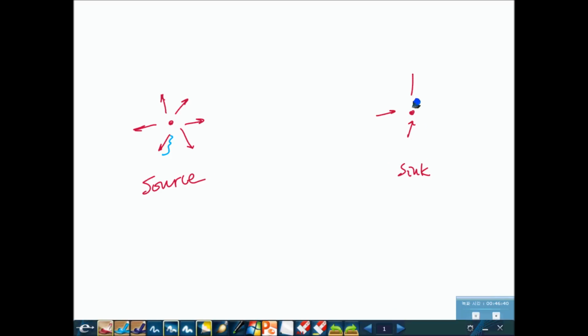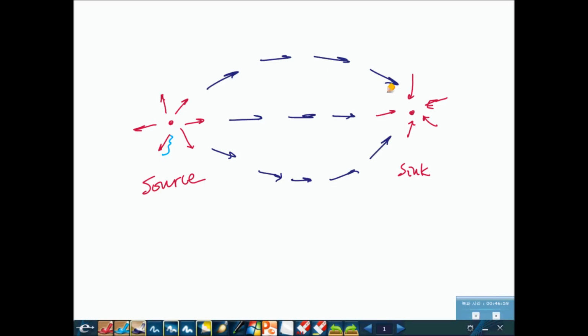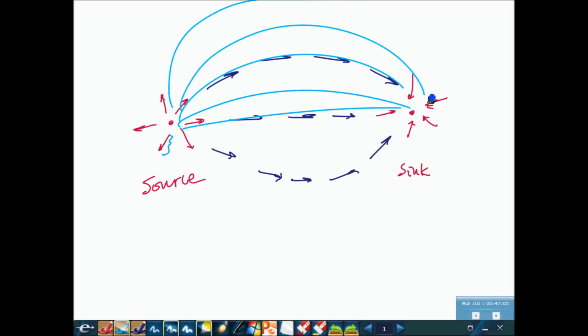Let's assume this. And then this is filled, so it flows from source to sink, right?